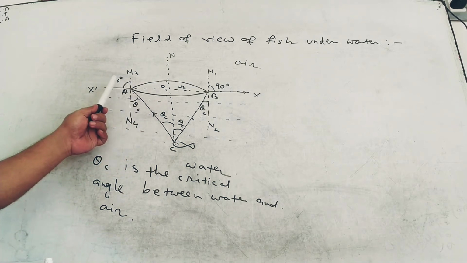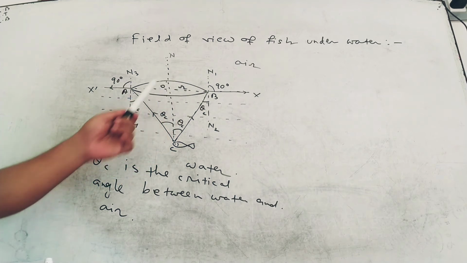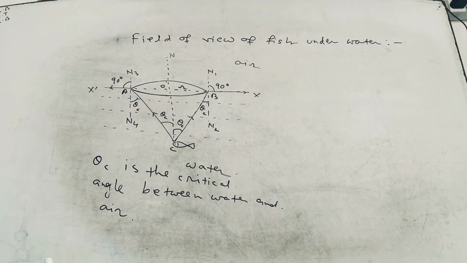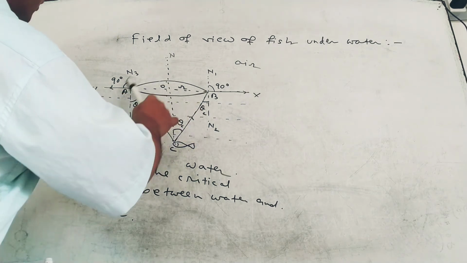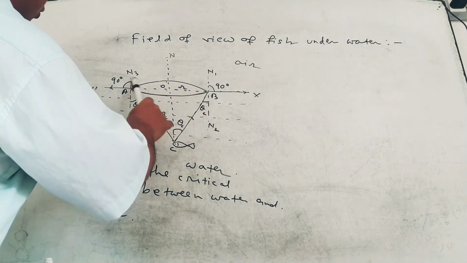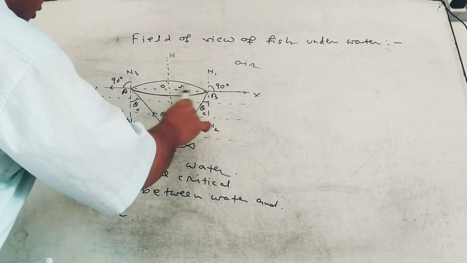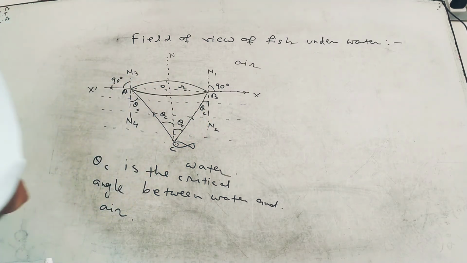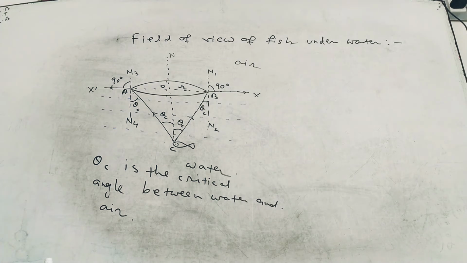In this case, ACO forms a cone. O is the center of the circular base of the cone, and AB is the diameter of the base of the cone.